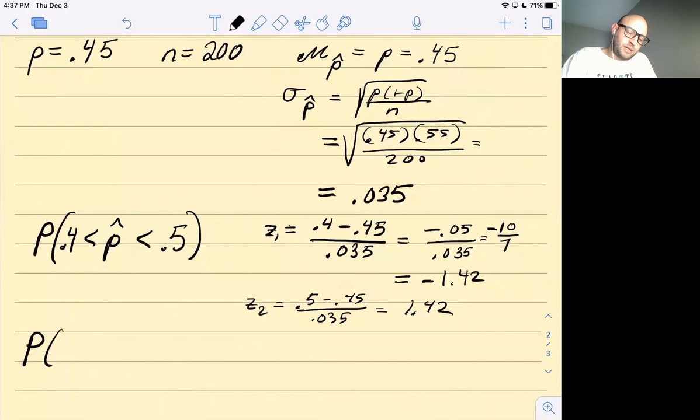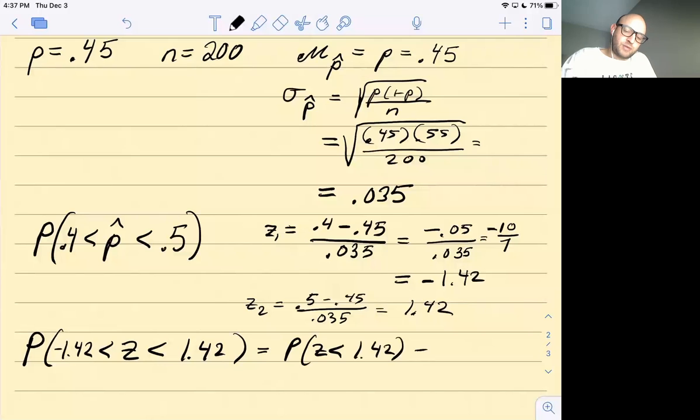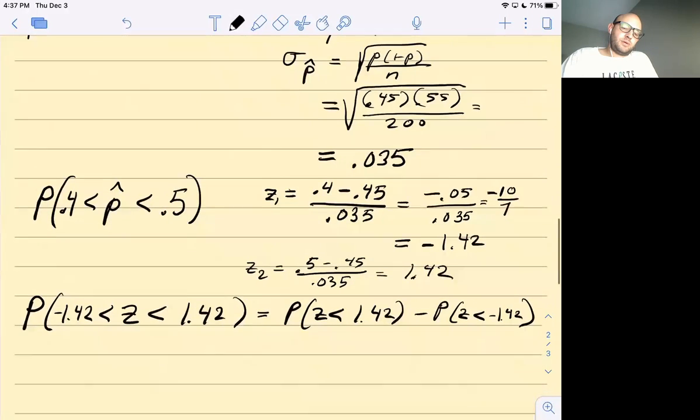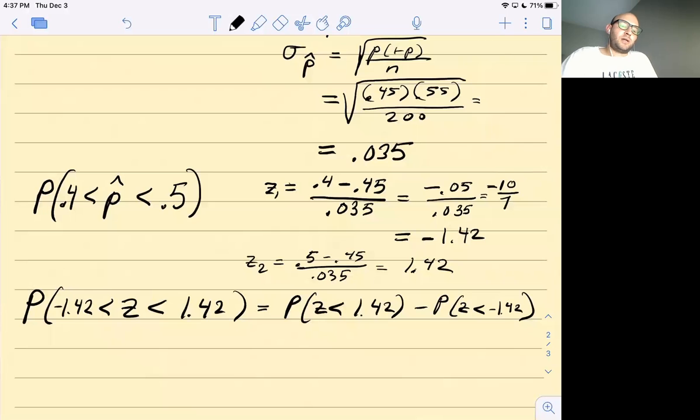What's the probability that the z distribution is between negative 1.42 and 1.42? You can do this by taking the probability of z being less than 1.42 and subtracting the probability that z is less than negative 1.42. Any questions at all up to this point?